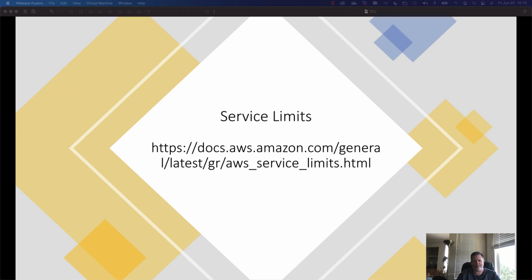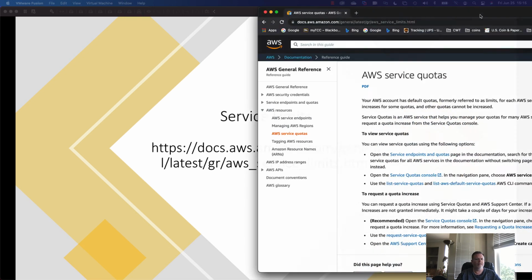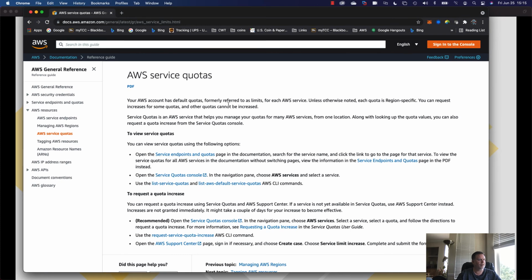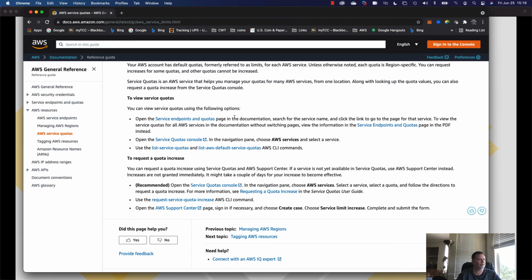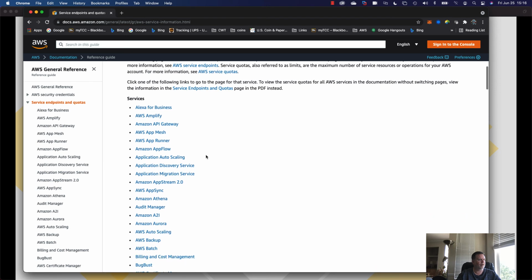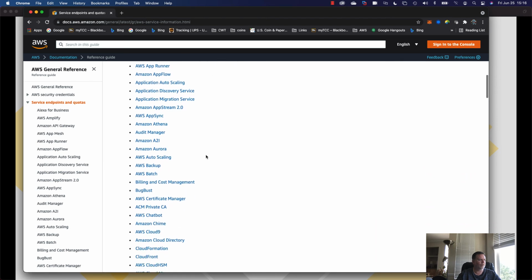So if we go there, all right, list of AWS service quotas, and you can open the service endpoints and quotas page, and find what you're looking for.